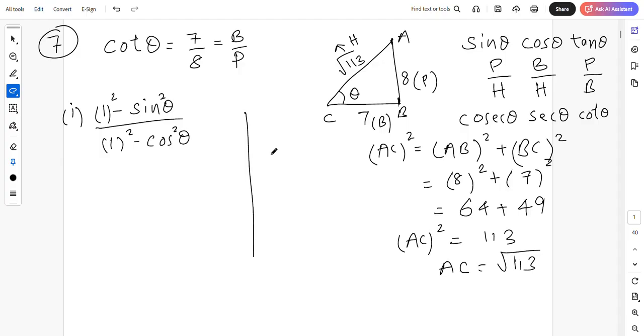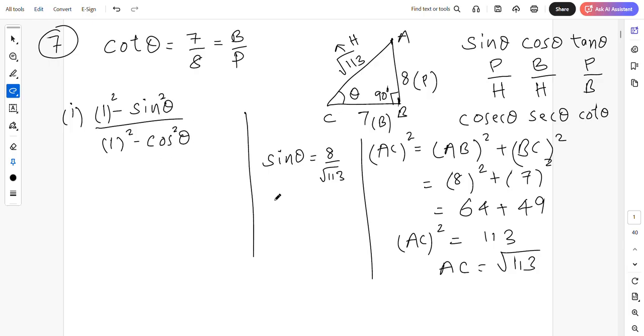Now what is sin theta from this right angle triangle? This is right angle at B, 90 degrees. The side opposite to the right angle is the hypotenuse. The side opposite to this angle theta is the perpendicular. This is base. Sin theta is equal to perpendicular by hypotenuse, which is 8 by root of 113.